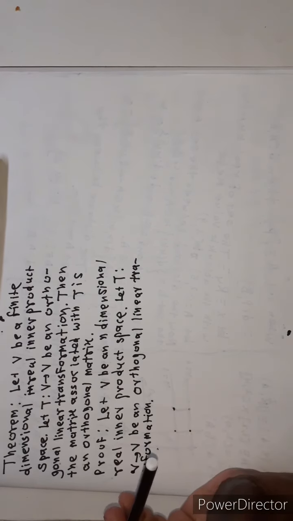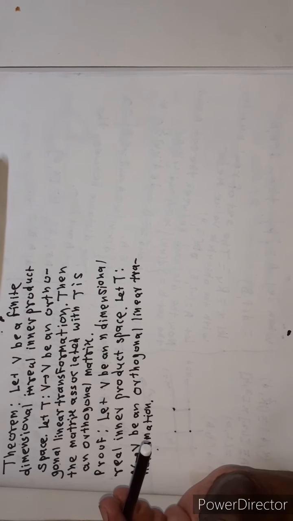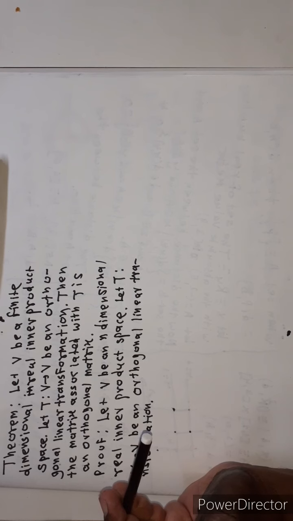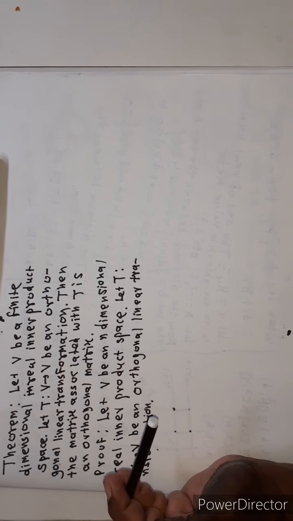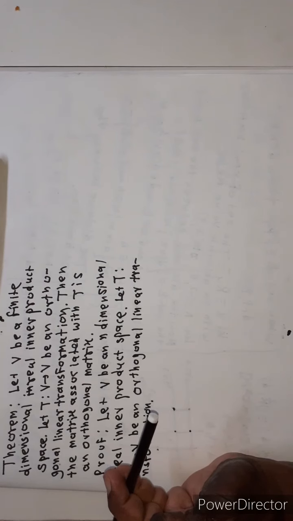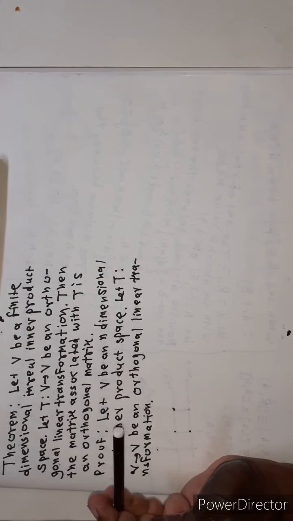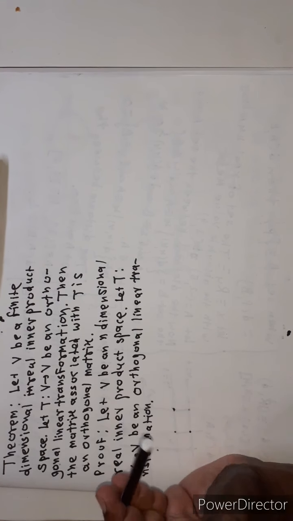Now see here, we prove that the matrix of T with respect to some orthonormal basis is an orthogonal matrix. First, we have defined what is an orthogonal matrix. A matrix A is said to be an orthogonal matrix if A transpose A is equal to A A transpose is equal to identity matrix. Okay.